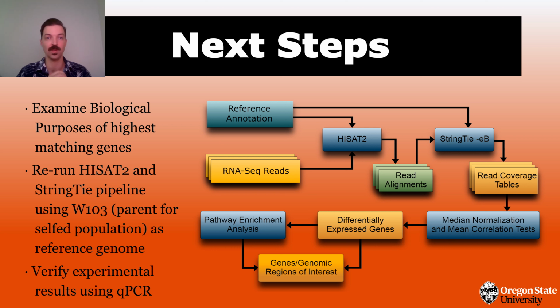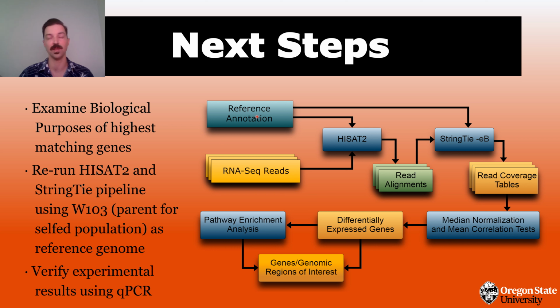Next, I'll have to rerun this entire pipeline that you see here using W103 as the reference annotation. Before, we didn't have access to the entire reference annotation. Specifically, W103 hadn't been annotated yet, but it has now been annotated by my lab, Brian Knaus at the Kelly Vining lab.